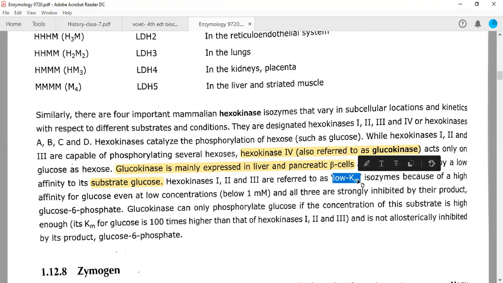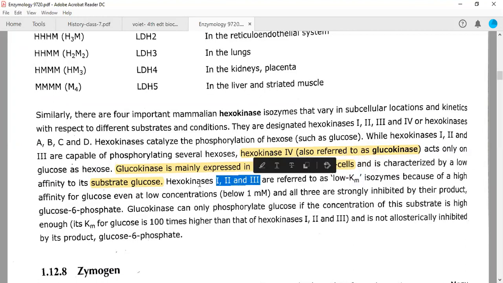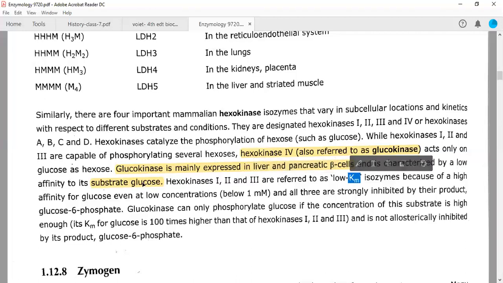Km is that particular substrate concentration at which the reaction velocity is half of Vmax. If an enzyme, and I'm talking about all three, hexokinases 1, 2 and 3, has a low Km, then it is very sensitive to hexose. If they sense a very low concentration of hexose, they will be activated and convert that hexose into the phosphorylated form.